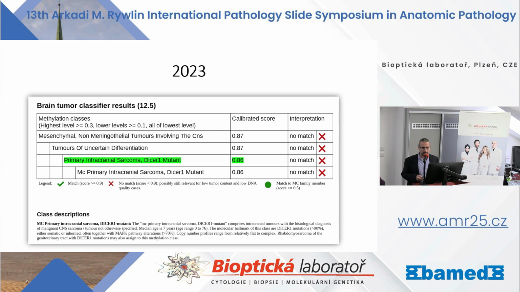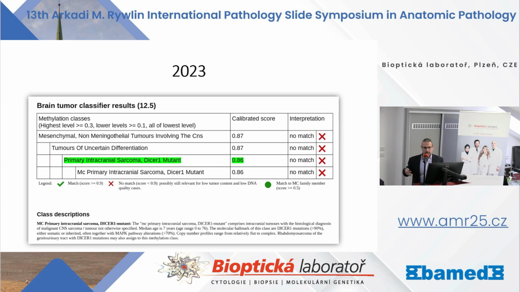So we performed NGS studies and methylation profiling, and it came back with the diagnosis of primary intracranial sarcoma, DICER1-mutant, with a calibrated score of 0.86, which is not above the cutoff. You see, it's no match, but it's very high still, and it should be taken seriously.